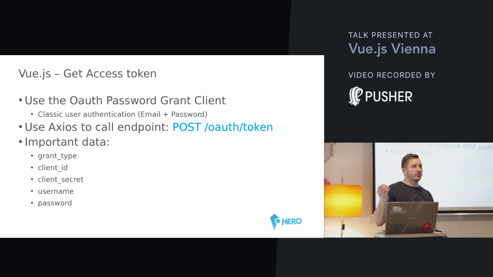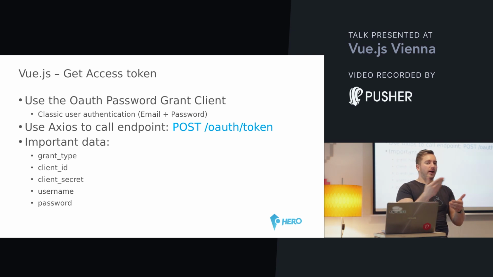What we want to do in the front end. We want to use the OAuth Passport grant client. It's one grant client of the OAuth implementation, and it's the one where you send a username and a password and get back an access token. This is what we want.